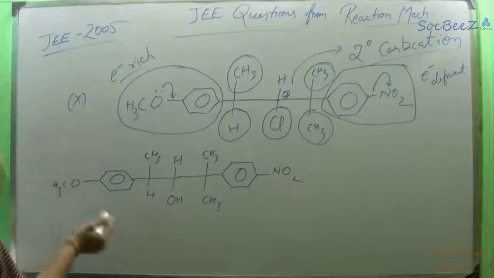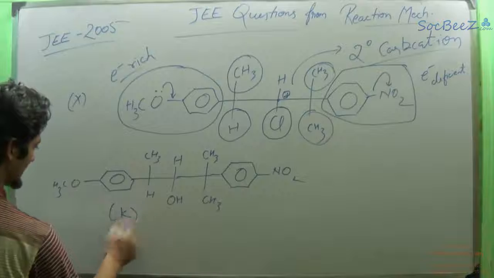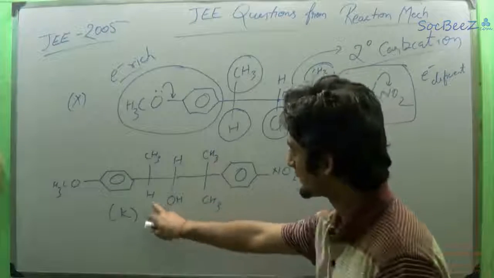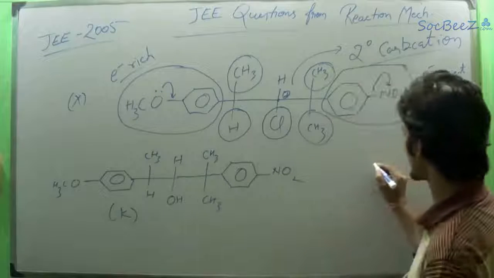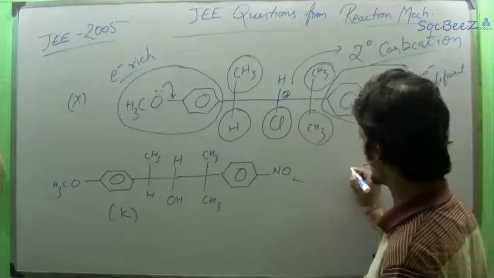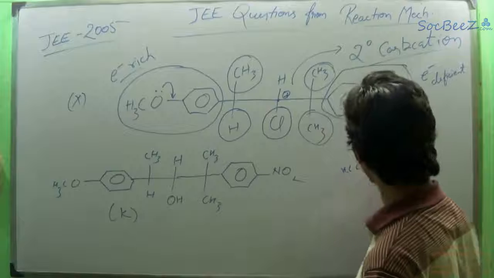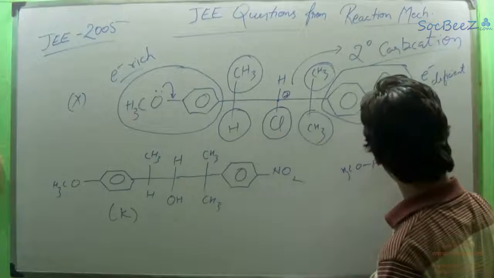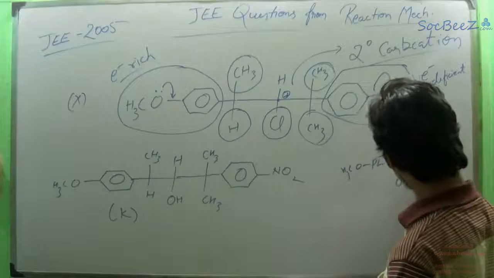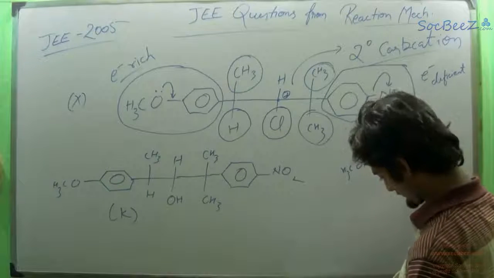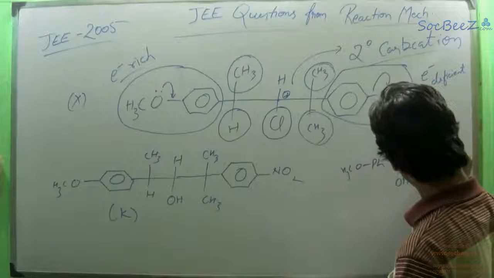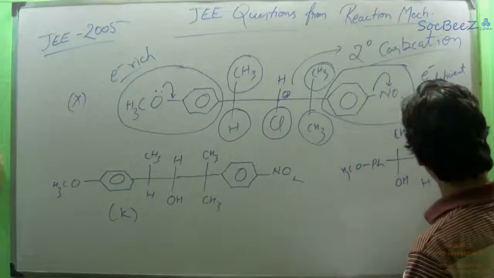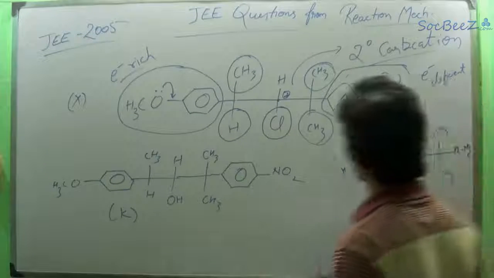This, let's say, is K. In the L part, the OH group is at this position, that is everything else same, phenyl, OCH3, we have a CH3 group here, OH group is there, H, both methyl, and then phenyl NO2.